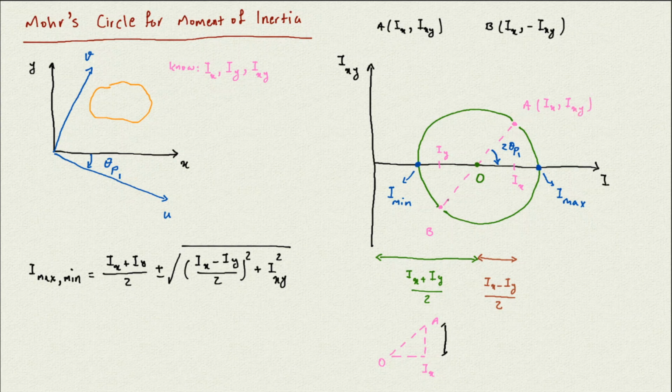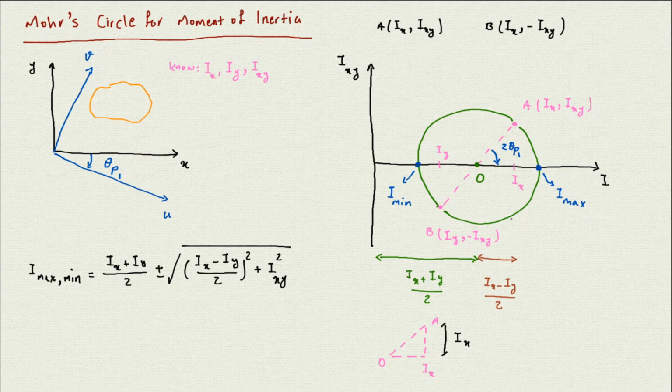We draw them, and the B is Iy and minus Ixy, because we draw them that way. This distance here is Ix.